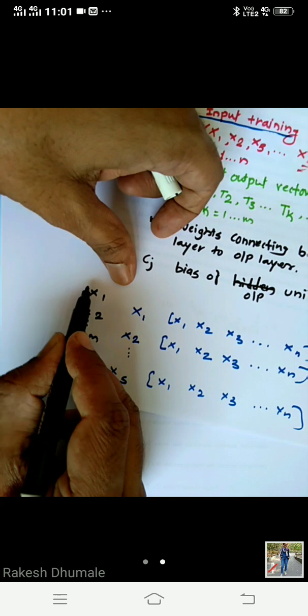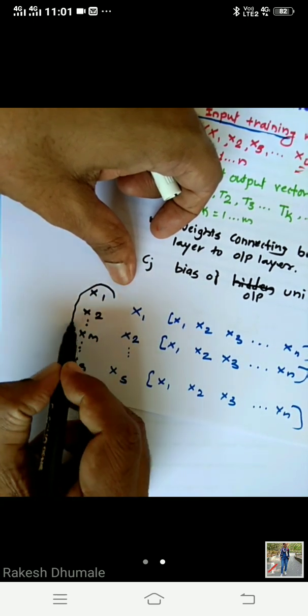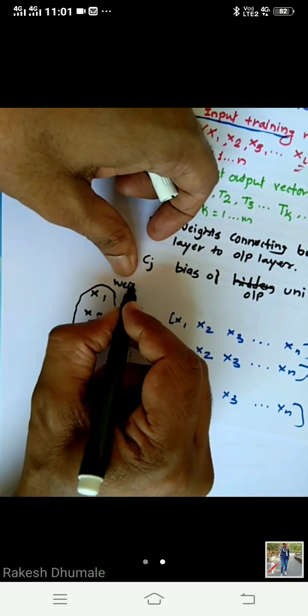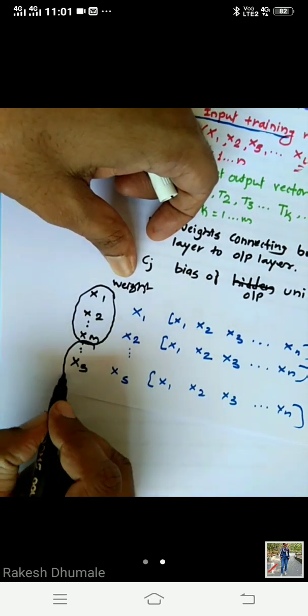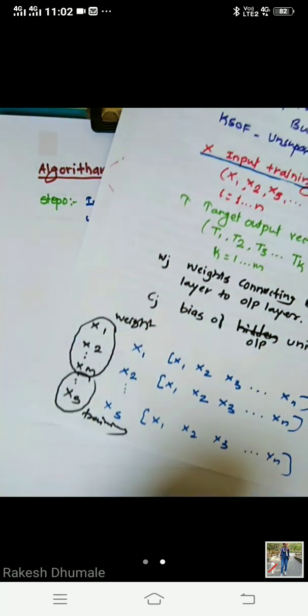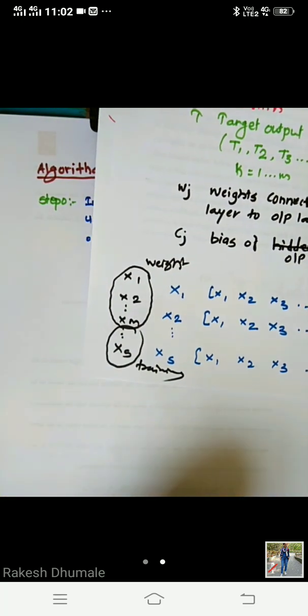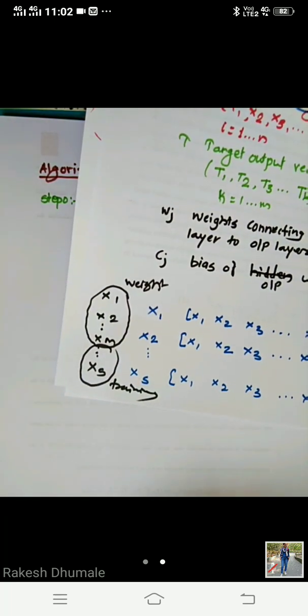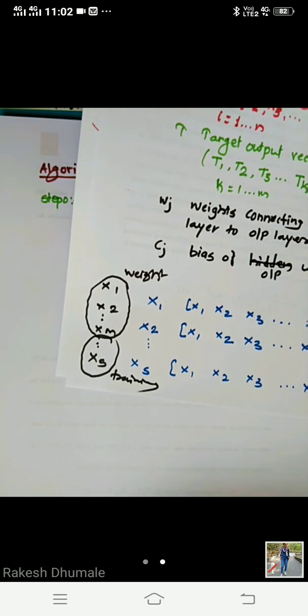So take the first m training vectors as weight vectors, and the remaining input vectors are for the training. Are you getting this one? So the weight vector is defined from the input training vectors. Is there any doubt?